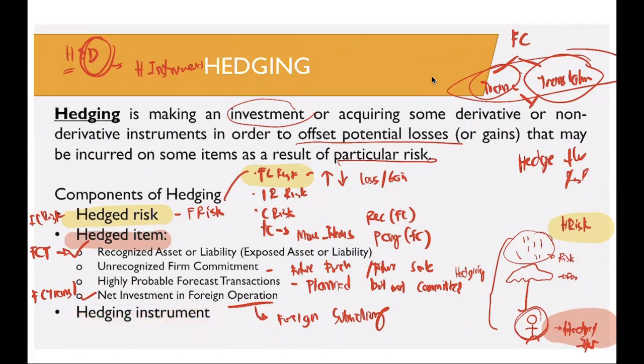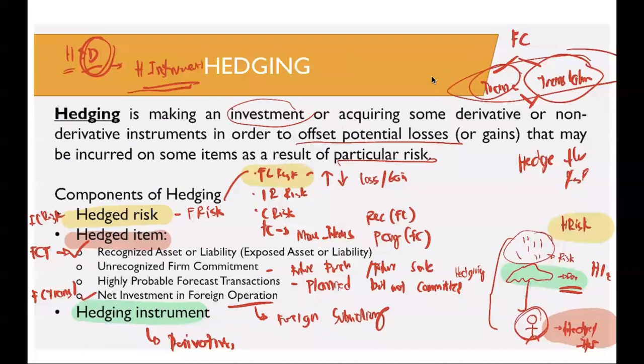So when we talk about hedging, your hedging instruments are your derivatives. That's why when we talk about hedging, we also talk about your derivatives, because again, one important component of hedging is your derivatives. Okay? So as we said a while back, derivative is your hedging instrument.